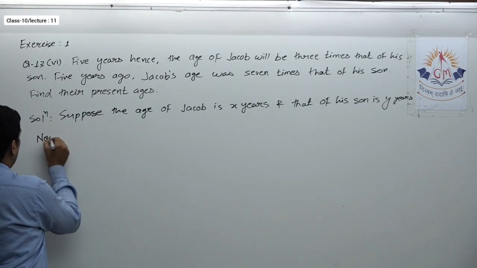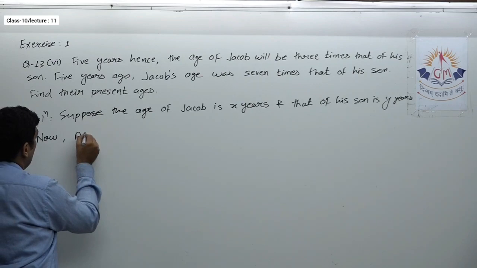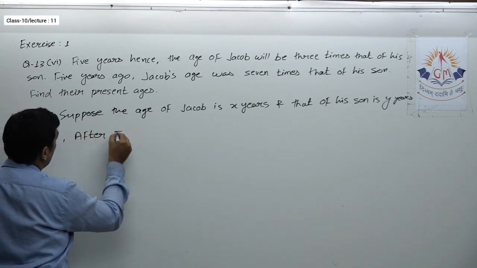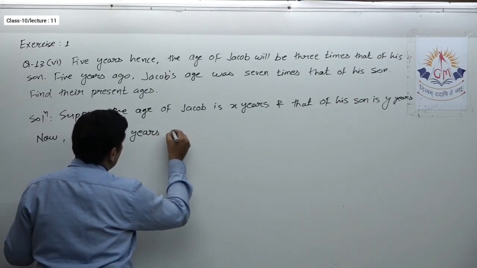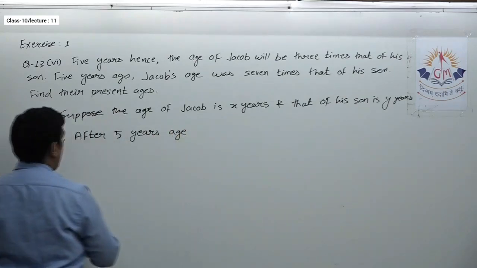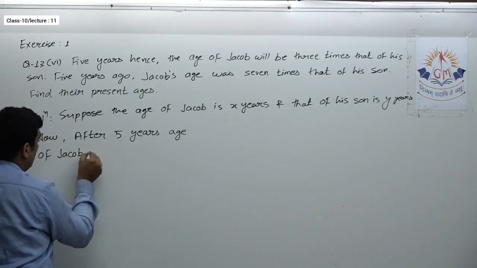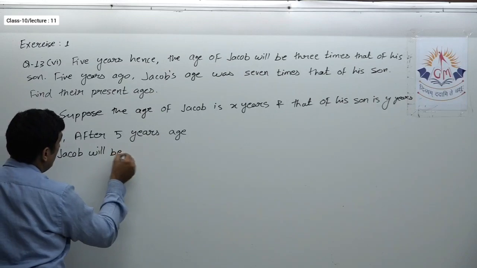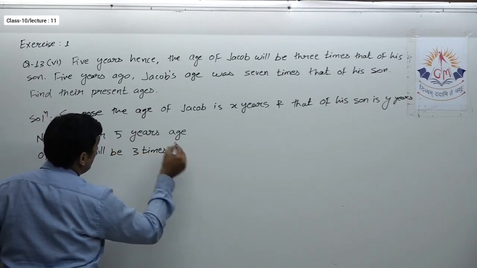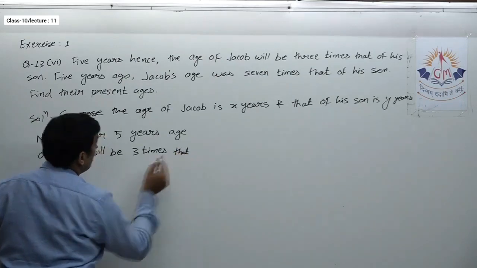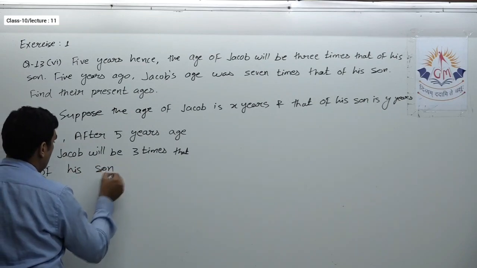Now, after 5 years, the age of Jacob will be three times that of his son.